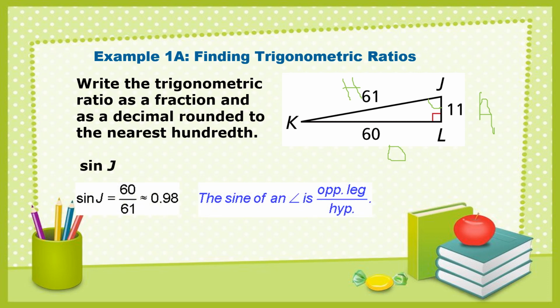Therefore, we are finding sine J, that is 60 divided by 61. Using your scientific calculator, 60 divided by 61 equals, you should get 0.98. Always remember the sine of an angle is opposite leg divided by hypotenuse.